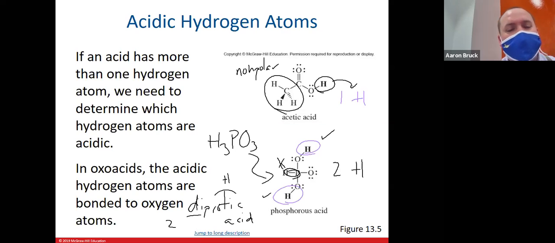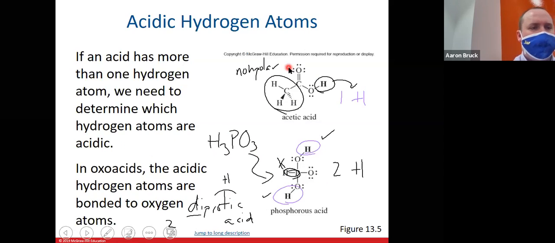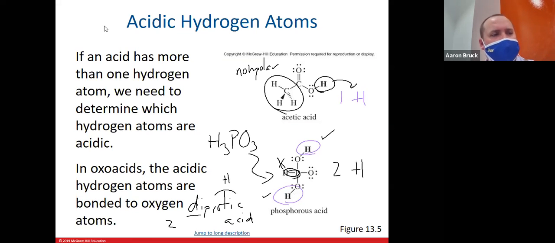And so what we have to do is evaluate, and really what we're looking for structurally speaking are those OH groups. If we can pinpoint those OH groups, that tells us how many of those hydrogens are actually possible of coming off.